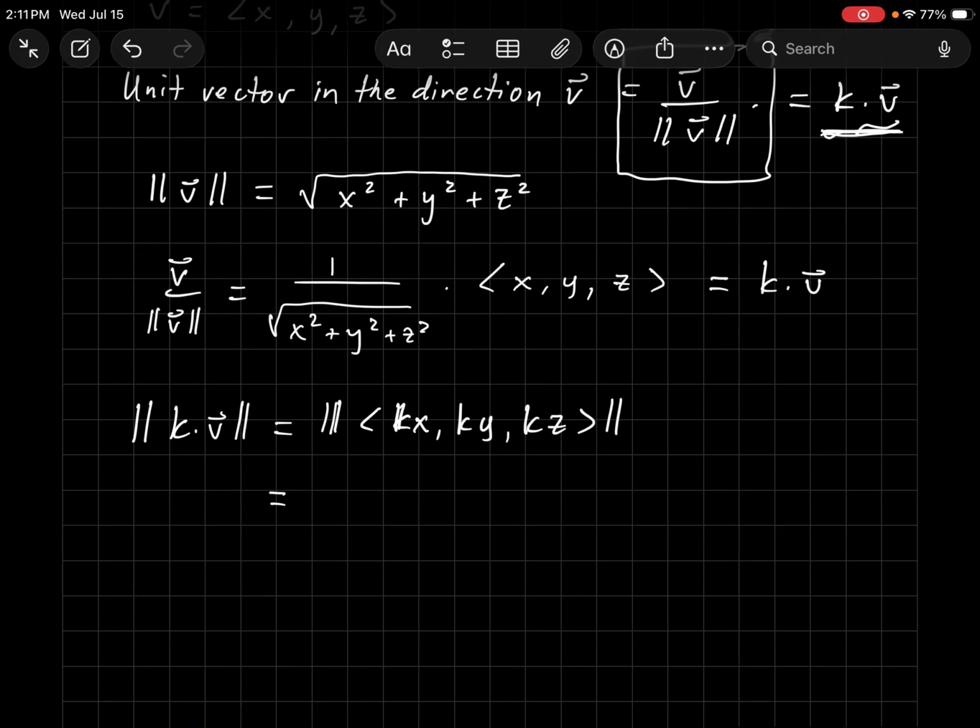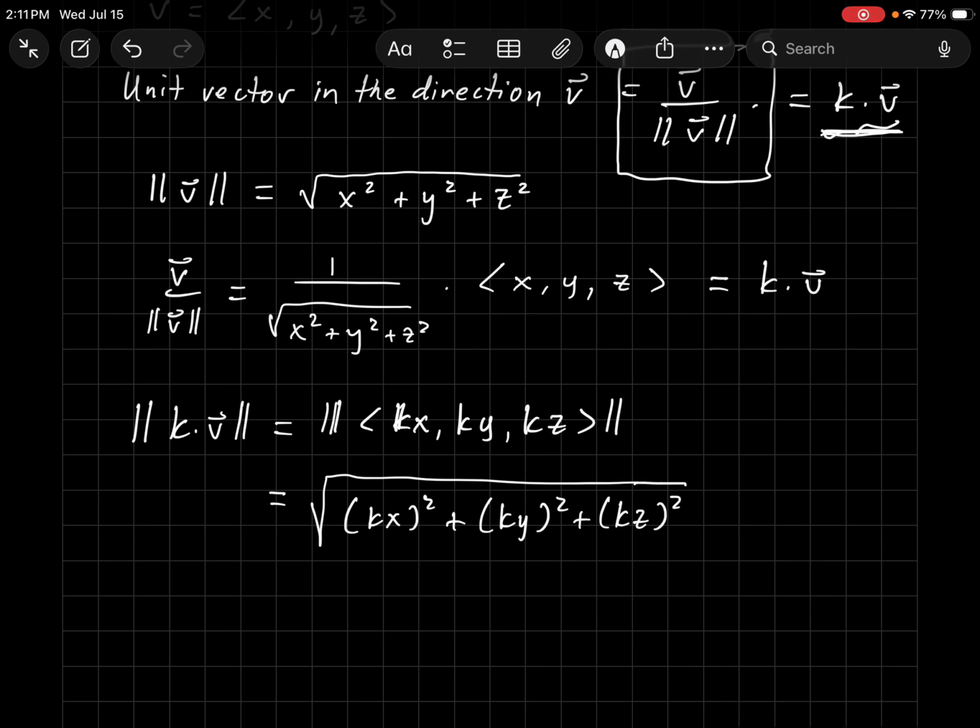So it's going to be the square root of kx squared plus ky squared plus kz squared, which equals k squared x squared plus k squared y squared plus k squared z squared, all square rooted.